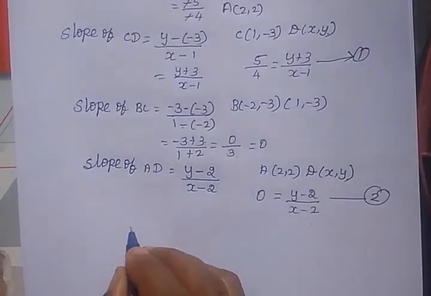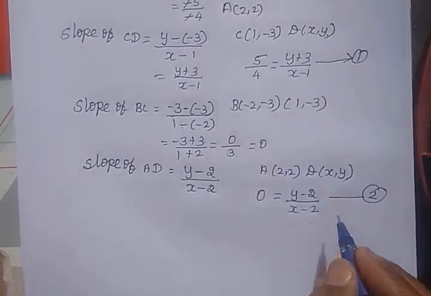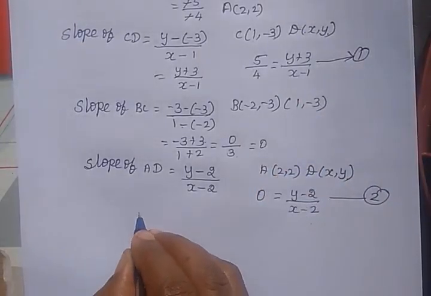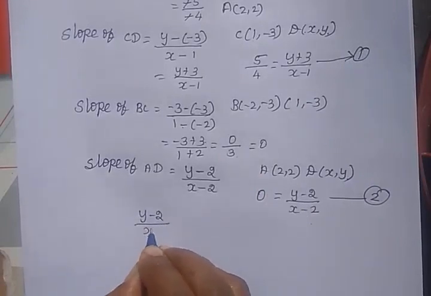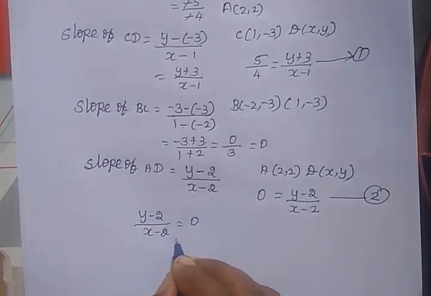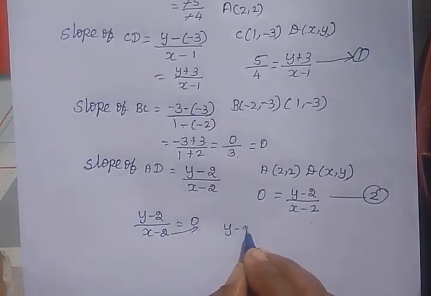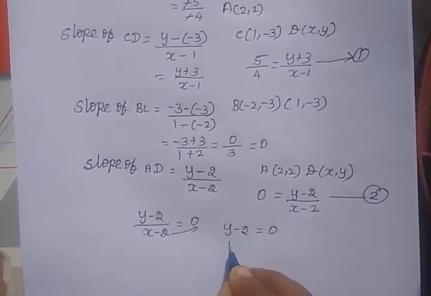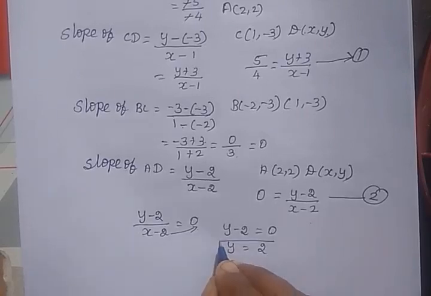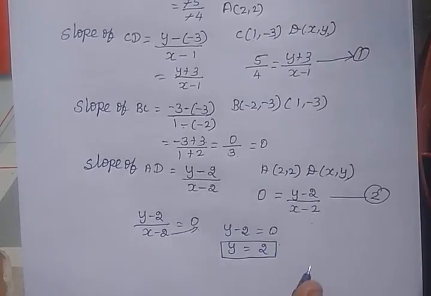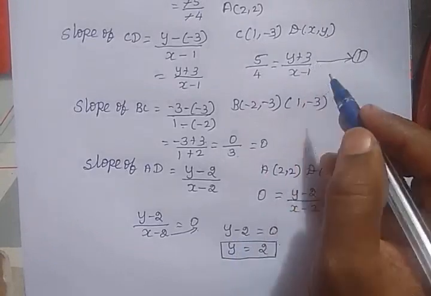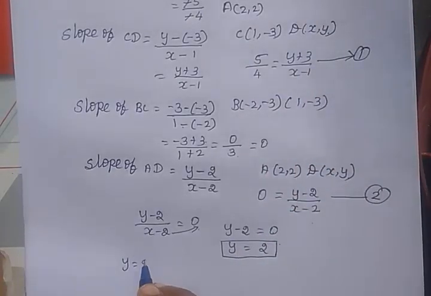From this, solve the first and the second equation. From the second equation, (y minus 2) by (x minus 2) is equal to 0, and cross multiplication, 0 into anything is 0. So then y minus 2 is equal to 0. Then y is equal to 2. And substitute into the first one, y is equal to 2.